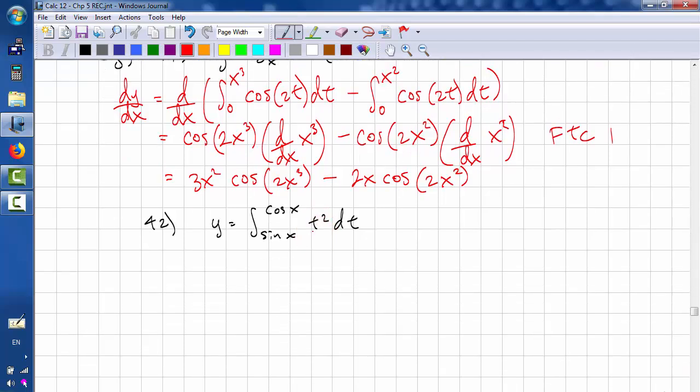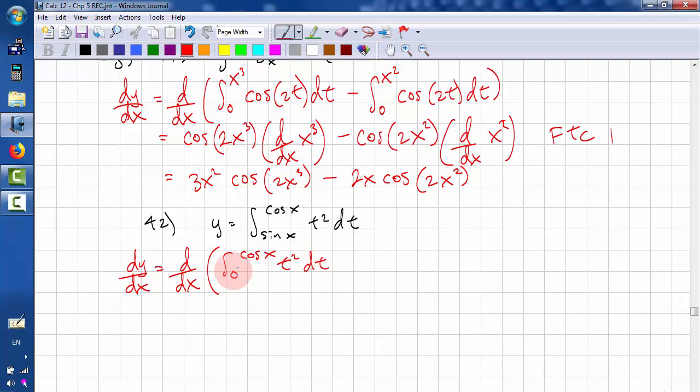And let's look at this one. dy/dx equals d/dx of the integral from 0 to cos x of t squared dt.